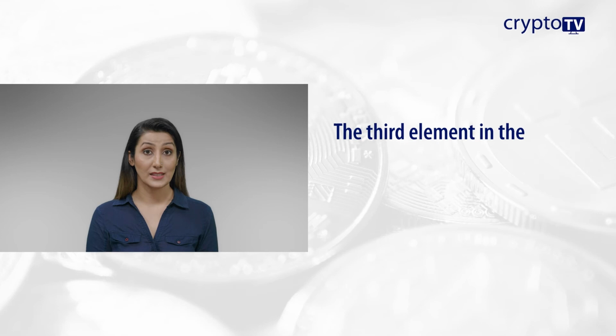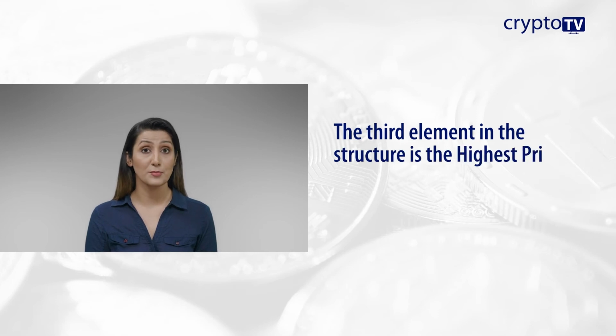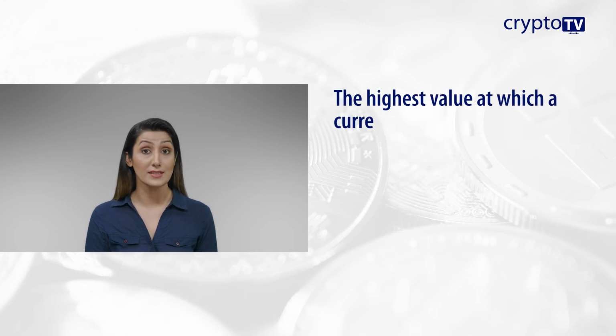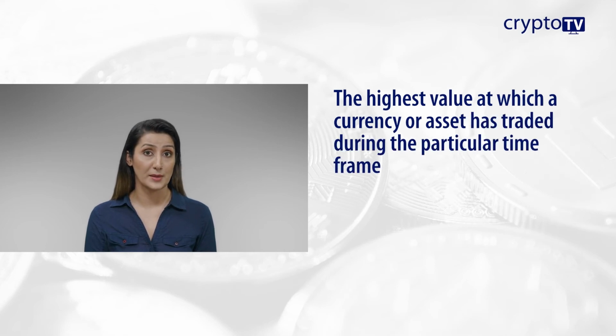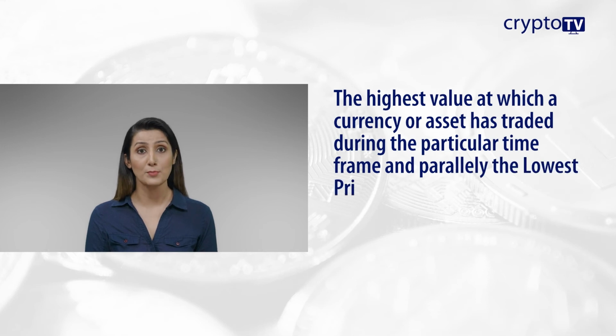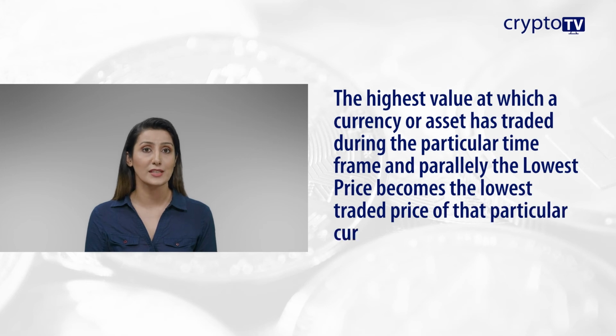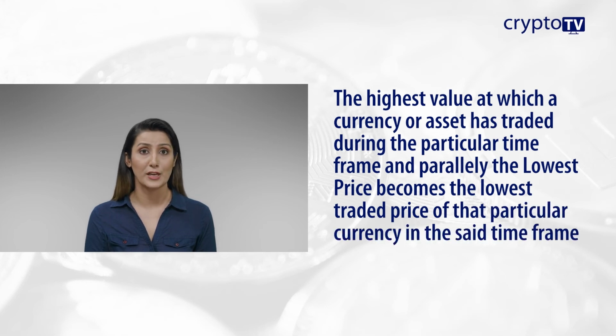So, after opening price and closing price, let's move on to the 2 remaining elements of a candlestick chart. The third element in the structure is the highest price, which is exactly what the name suggests. The highest value at which a currency or asset has traded during the particular time frame, and parallelly the lowest price becomes the lowest traded price of that particular currency in the said time frame.